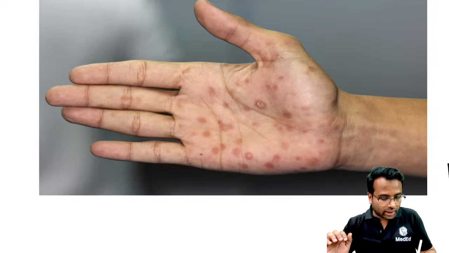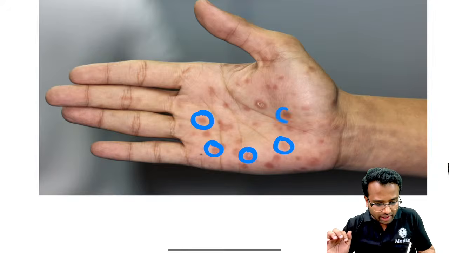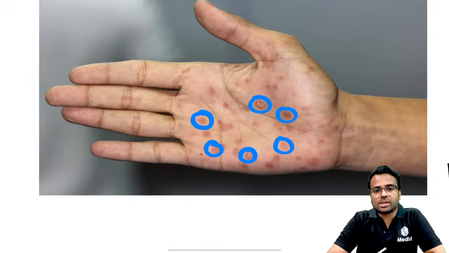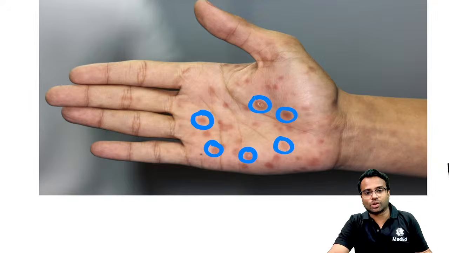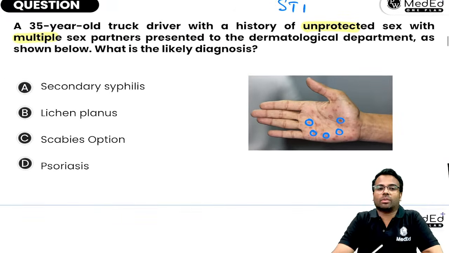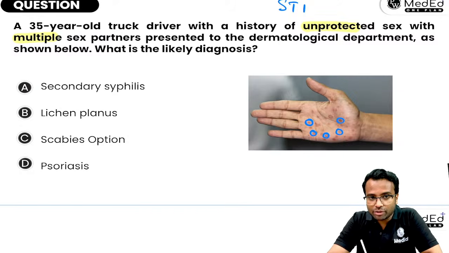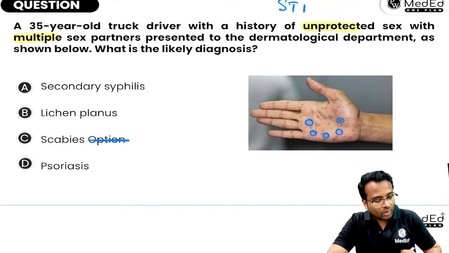In the palms, what I can see here is there are multiple colored lesions over the palms. So when you see these kind of multiple colored pigmented lesions over the palms as well as the soles, then what are we talking about? Are we talking about secondary syphilis, lichen planus, scabies, or psoriasis?